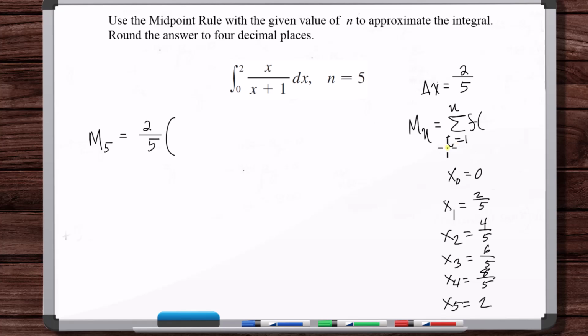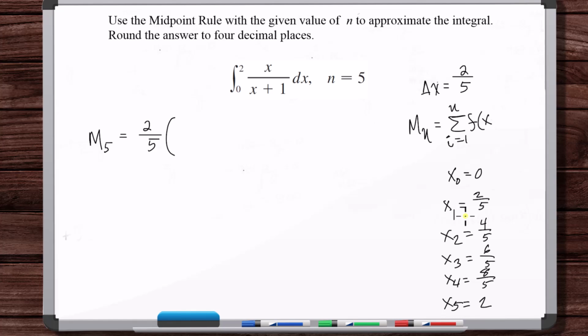We still look at it like, okay, when i is equal to 1, we're at the first rectangle. When i is equal to 2, we're at the second rectangle. If this was the right endpoint method, we just put x sub i, because when i is equal to 1, we just want x1. That's the right endpoint. When i is equal to 2, we just want x2. That's the right endpoint for the second rectangle. But we can't do that here.